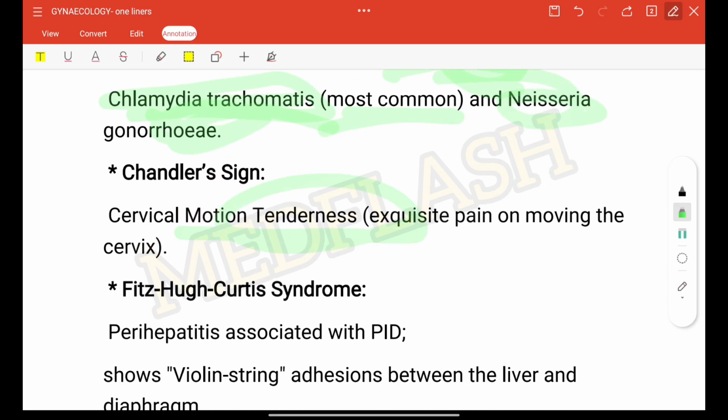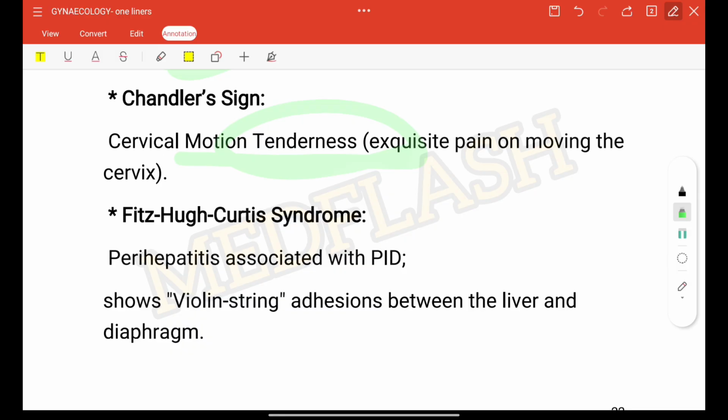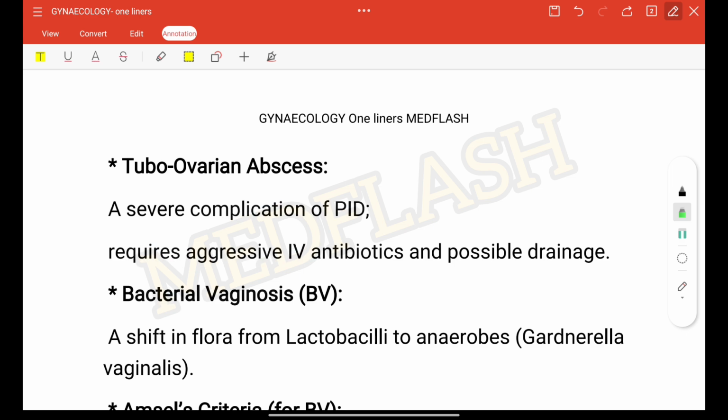Fitz-Hugh-Curtis syndrome is perihepatitis associated with PID, showing violin string adhesions between the liver and diaphragm. Tubo-ovarian abscess is a severe complication of PID, requires aggressive IV antibiotics and possible drainage.